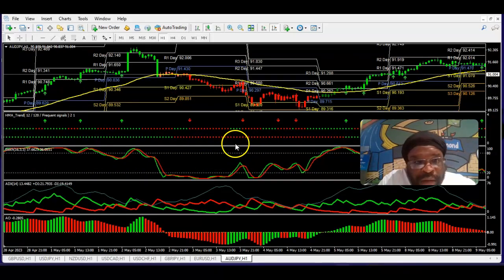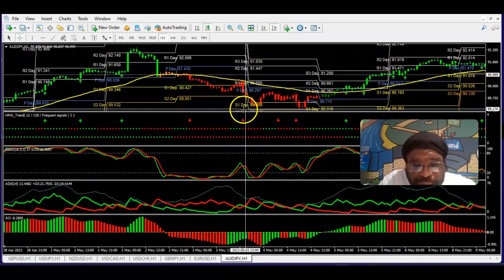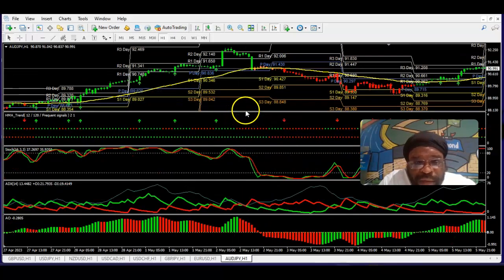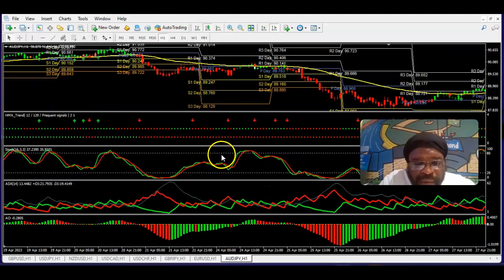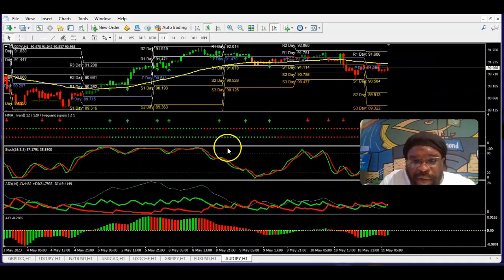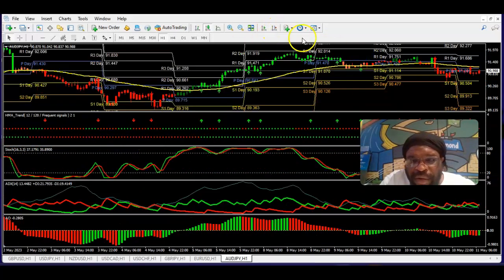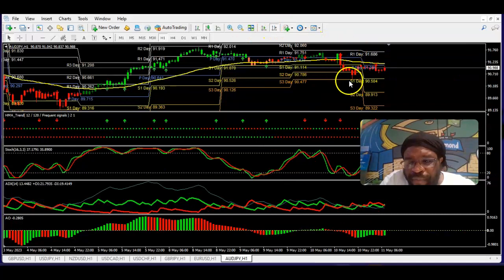All right, so let's look for another opportunity. This is AUD/JPY, and the first thing first, we want to ask ourselves, let's go to the beginning of right now.